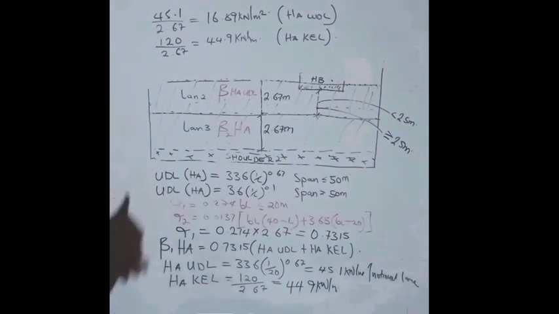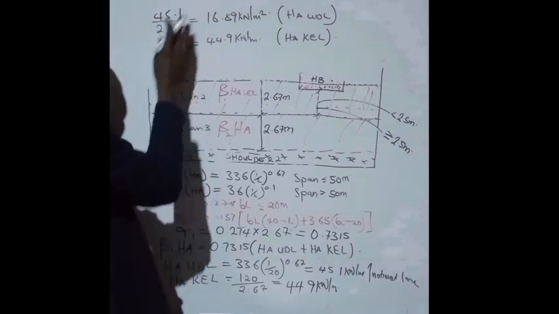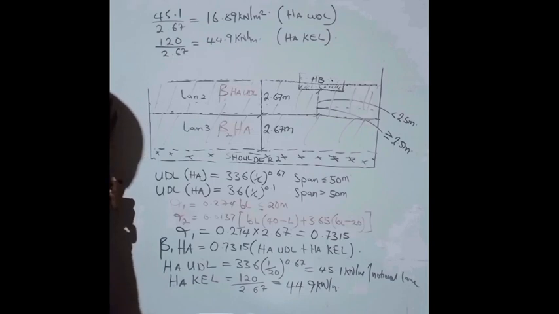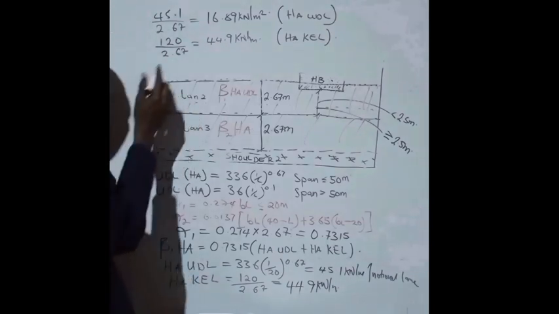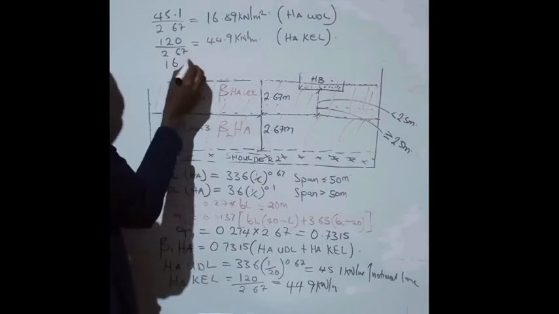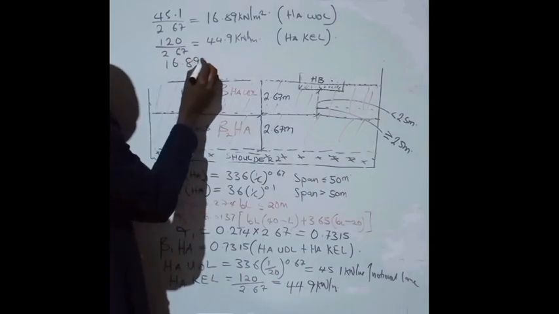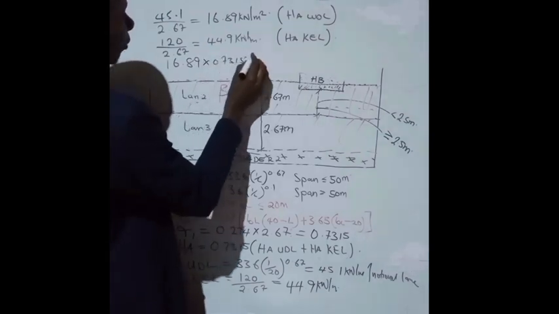Now, if we apply the lane adjustment factor to this, we have a lane adjustment factor of 0.7315. So we are going to have here 16.89 times 0.7315.